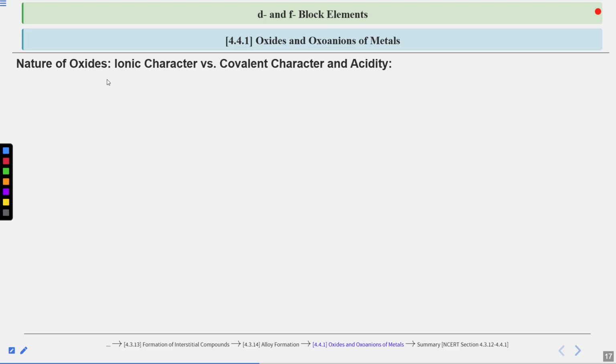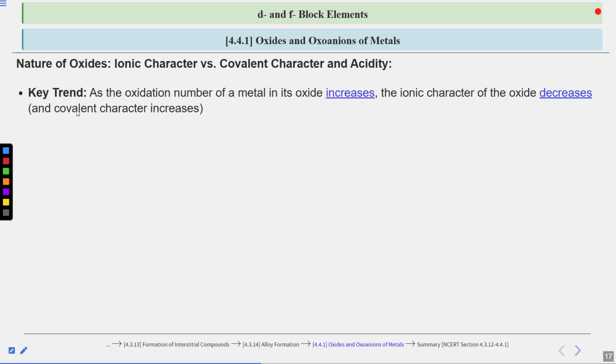What is the nature of oxides? We talk about ionic character versus covalent character and acidity. The key trend observed is that as the oxidation number of a metal in its oxide increases, the ionic character of the oxide decreases and the covalent character increases, because they are opposite.